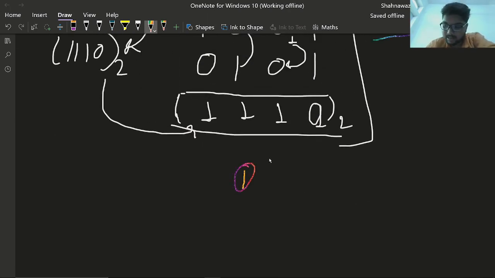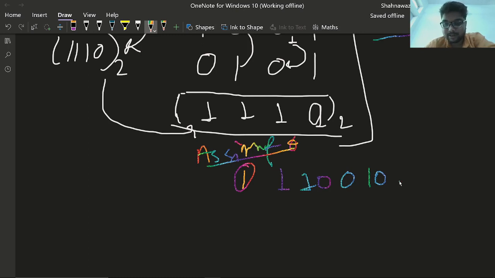You have to add, see, this is 1 0 0 1 0 plus, use the plus symbol here, 1 1 0 and 1 1.